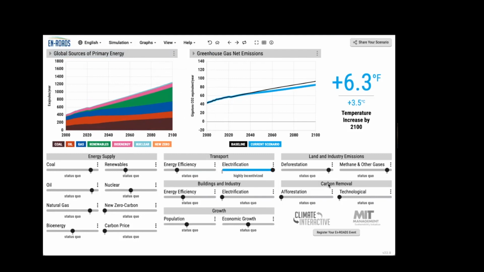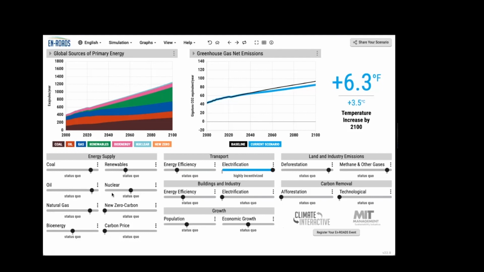So, any suggestions for what we might try next? Karen Harris says, can we bring things down to 3.5 somehow? Sure. Someone else is asking, will lowering nuclear or oil make a big difference?